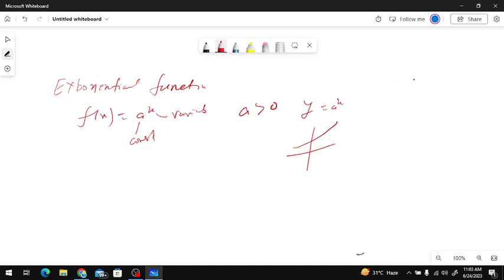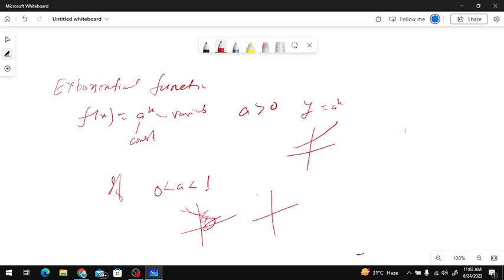But if 0 is less than a is less than 1, then your graph looks this way. It's not a straight line, it looks like this.